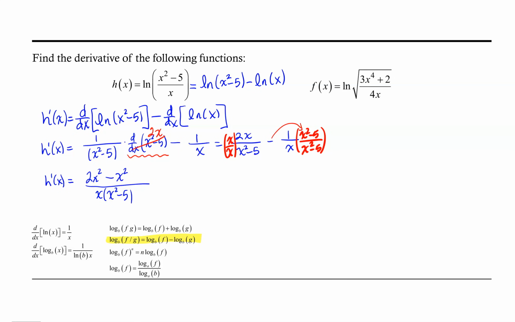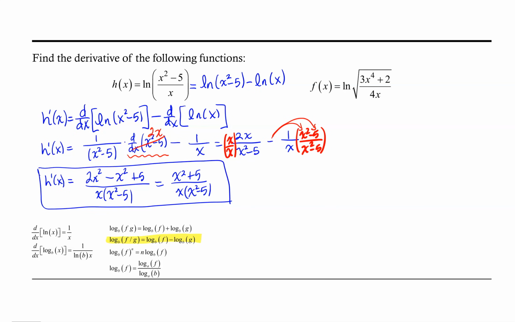So minus 1 times x squared is minus x squared, minus 1 times minus 5 is going to give us a positive 5, or simply x squared plus 5 over x times x squared minus 5. Notice this matches the derivative we got the first time through, but we were able to avoid the usage of the quotient rule by leveraging properties of logarithms to make this derivative simpler to find.